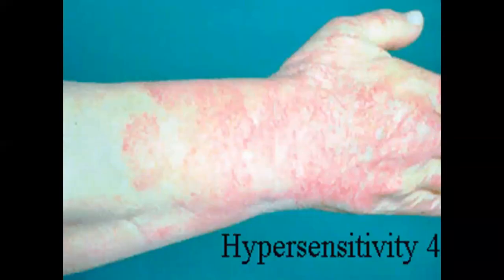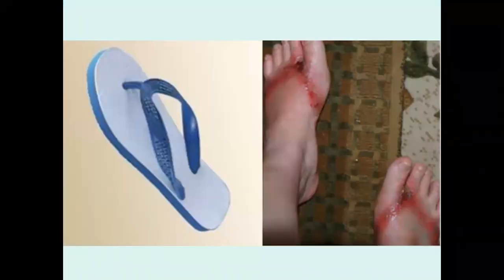A hypersensitivity type 4 reaction can be a contact dermatitis also. So contact dermatitis is another example of a hypersensitivity type 4 reaction. Contact dermatitis can be with contact from plants, or a very good example, you can see in the picture, a rubber, or sometimes jewelry, which can affect the skin.